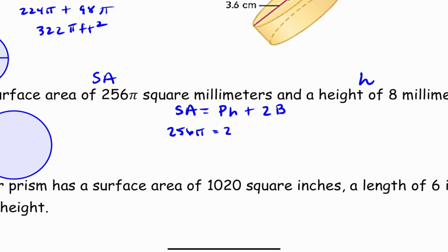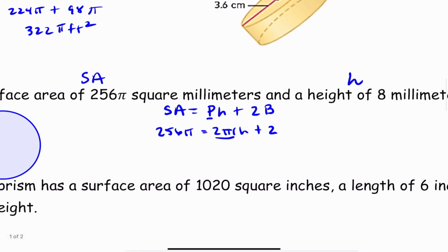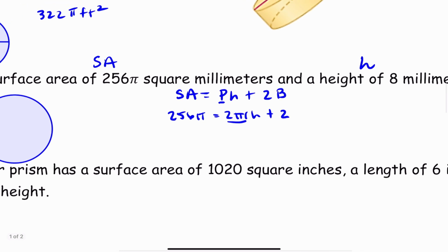It's equal to 2 pi rh. Right, so the perimeter is 2 pi r, and then the h is still there. Plus 2 times the area of the base. The area of a circle is the area of the base is just pi r squared. So I'll put pi r squared, therefore you get 2 pi r squared.